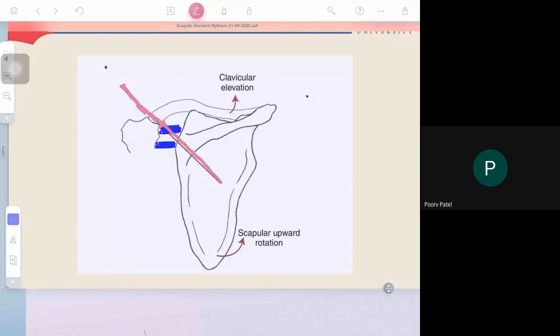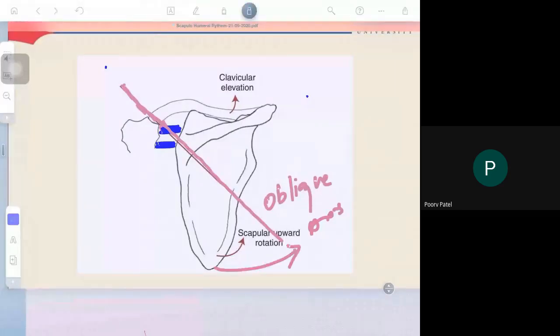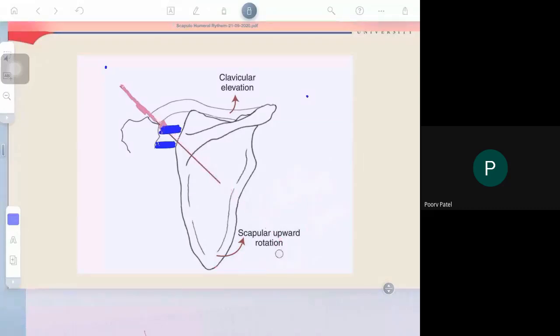This axis is called the oblique axis. And this axis is not fixed. Listen carefully. This axis is not fixed throughout the upward rotation of the scapula.